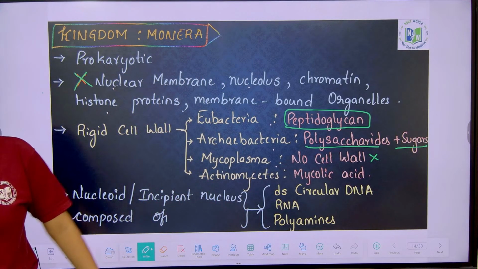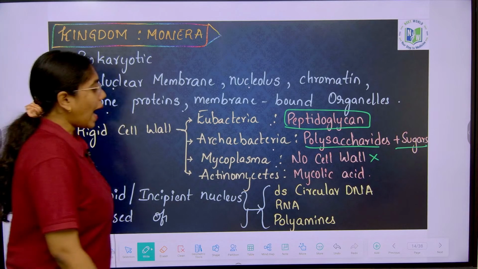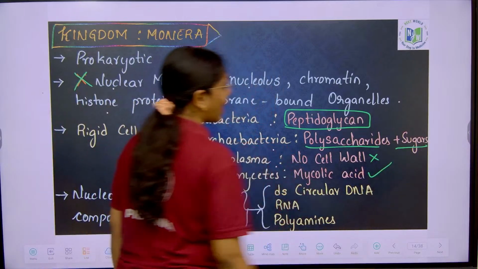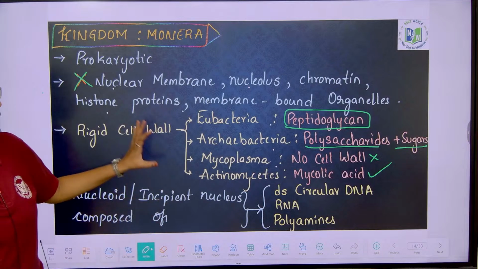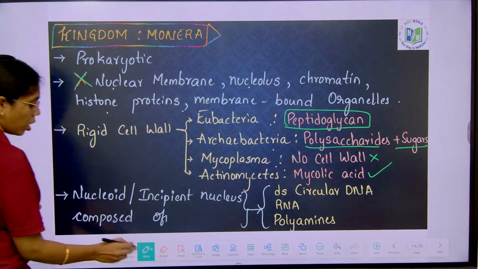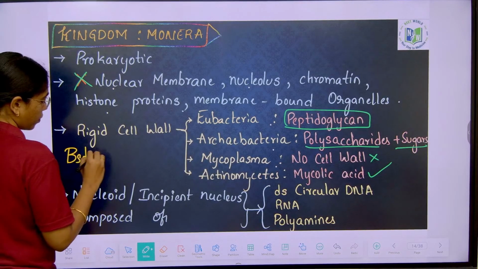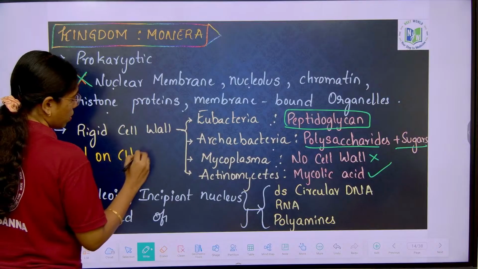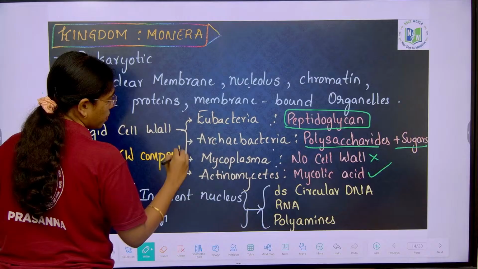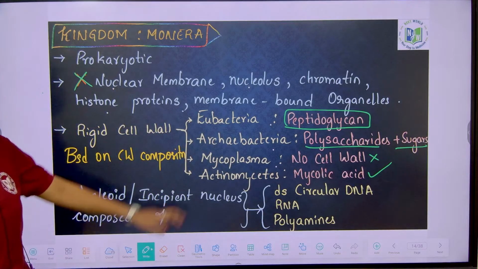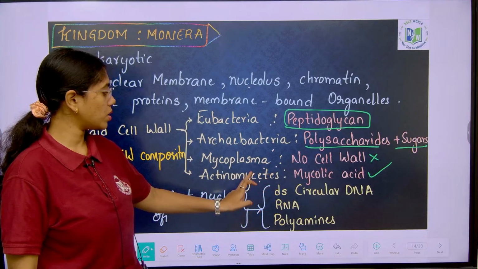They change their morphology or shape based on the host they are invading. Actinomycetes consist of what? Mycolic acid in their cell wall composition. Very important, please note it down. Based on cell wall composition, they are classified into Eubacteria, Archaebacteria, Mycoplasma and Actinomycetes.